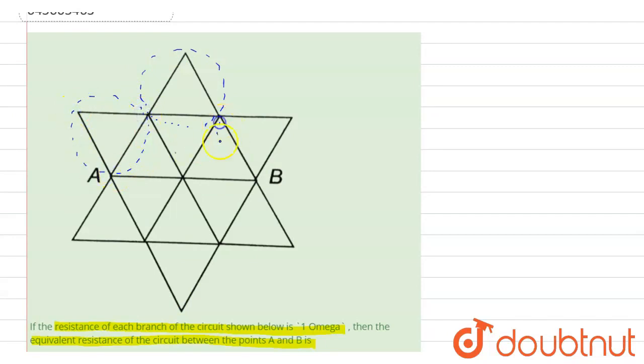If we see only this triangle part, which I am highlighting, and similarly all the triangles present outside, like this one and like this one, they have the same resistance because they are a similar type of arrangement. So we name it R equivalent 1, and the others will also have the same value because they are similar.